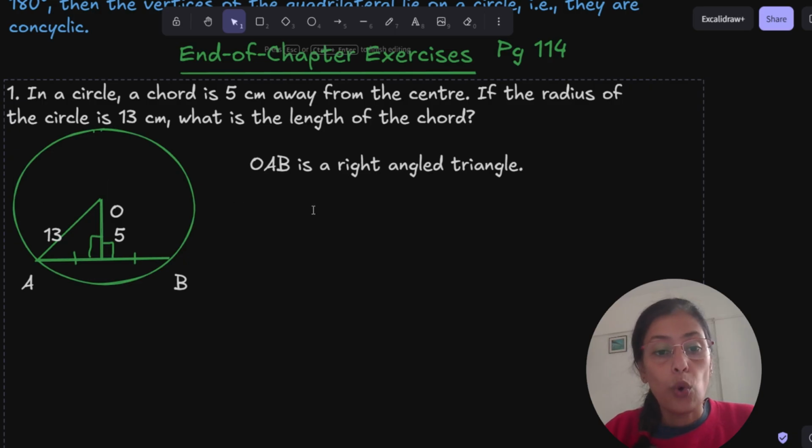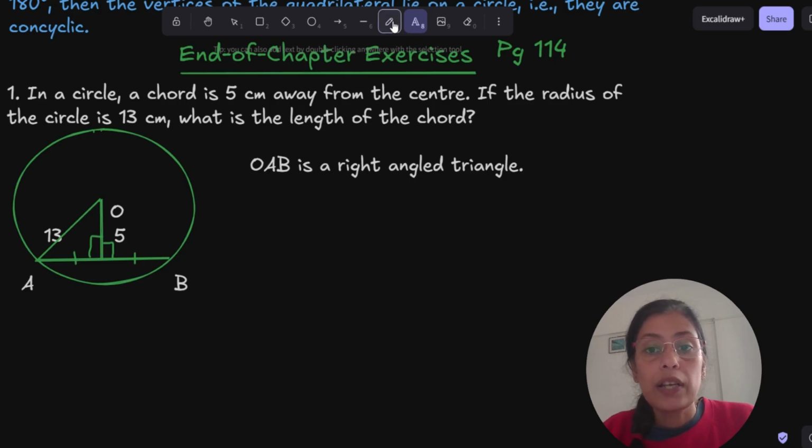That the distance, let me call it OC. So this is C.